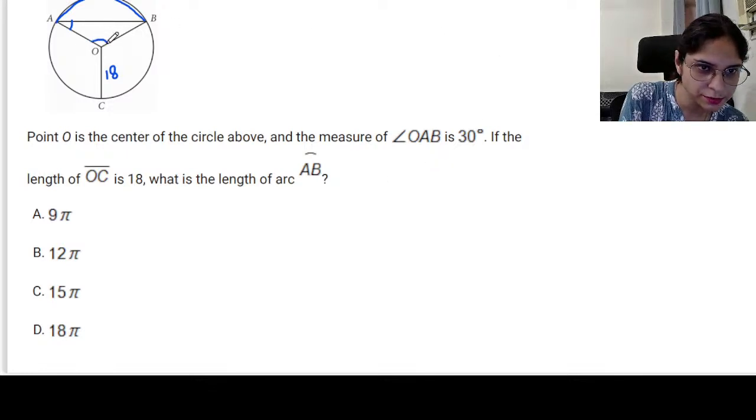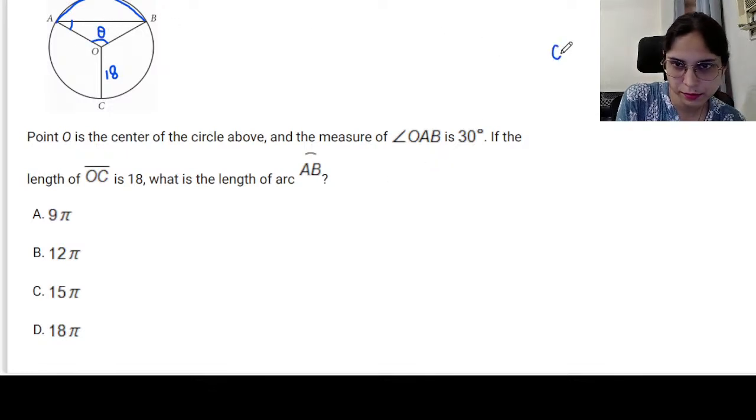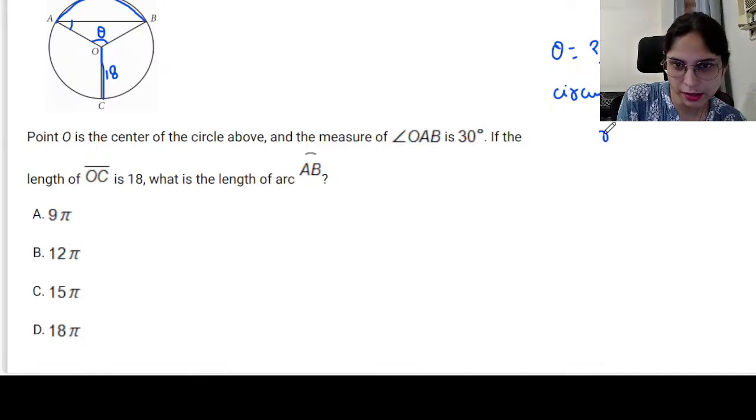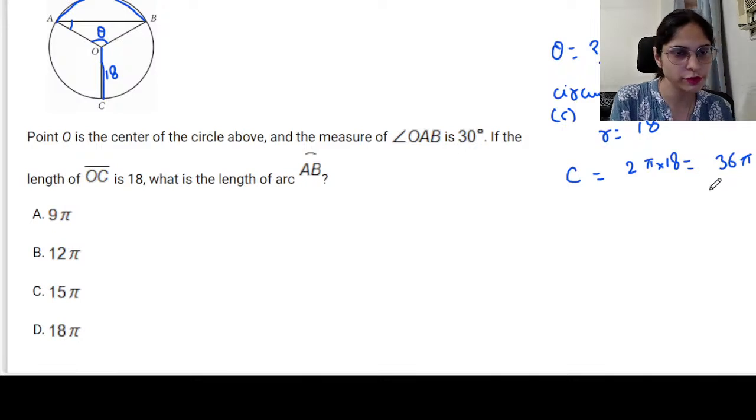This is my theta. Right, and I want my circumference as well. Now circumference is 2 pi r. My r is given as 18. So my circumference, I am using C for circumference, is going to be 2 pi times 18, that is 36 pi. Because all our answers are in pi, I am not going to solve for pi.